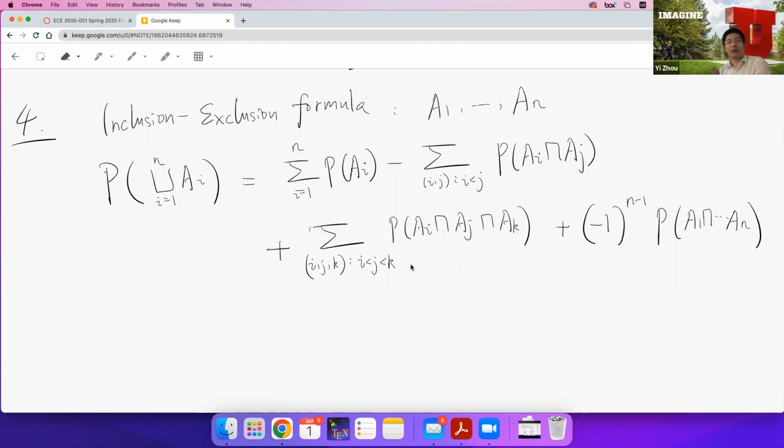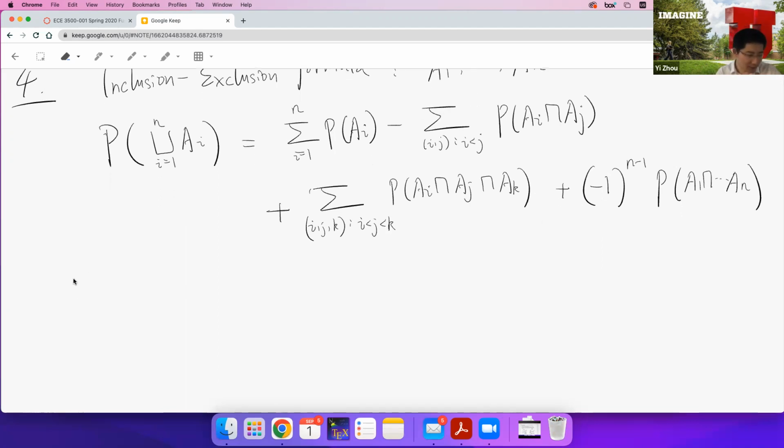When you add the intersection of every three events, you are over-adding the intersection of every four events, so right after this you need to subtract that part again, and keep doing that for five events, six events, and finally to the intersection of all the events. This can be clearly seen from special cases. If we consider only two events, then we have this very simple formula.